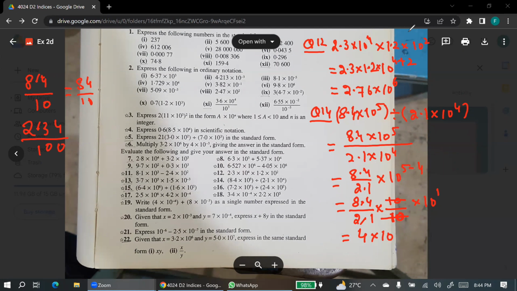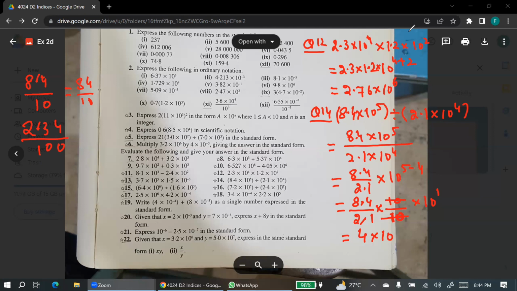If after shifting the decimal point the new number is smaller, will we multiply with a positive power of 10 or with a negative power of 10?